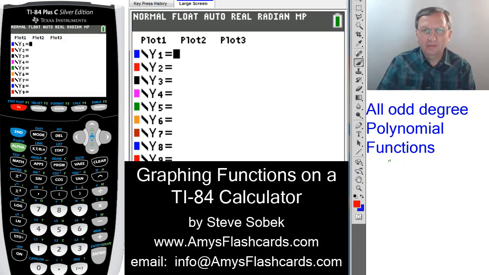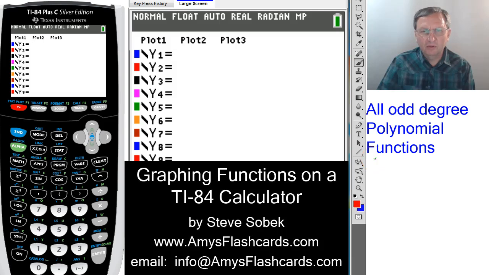Okay, let's summarize what we know about all odd degree polynomial functions. We know that for extreme values of x, the extremely small values compared to very large values, it's going to move in totally opposite directions.